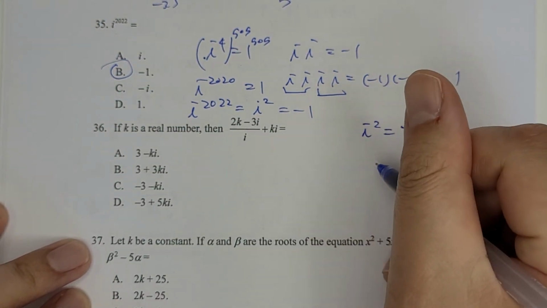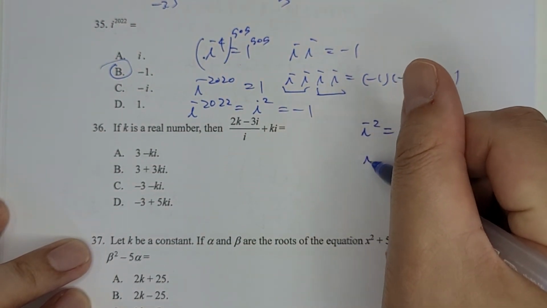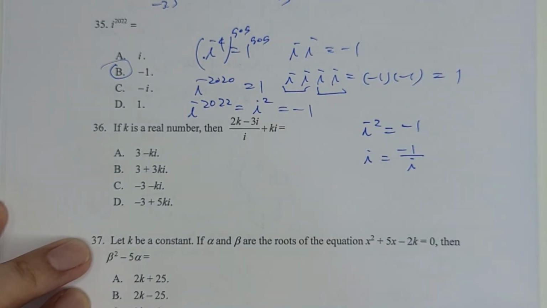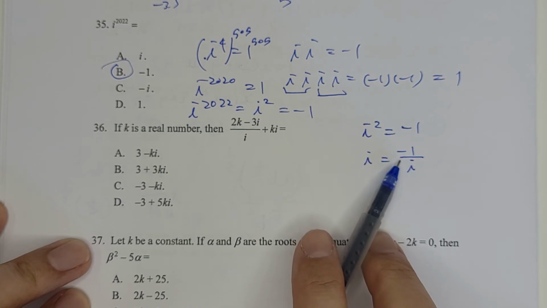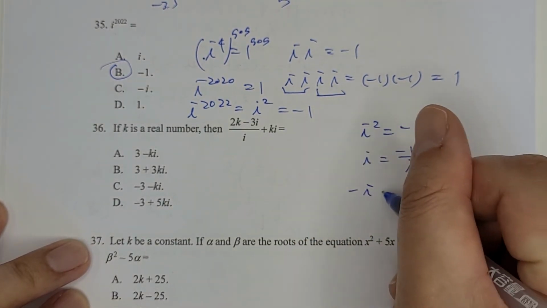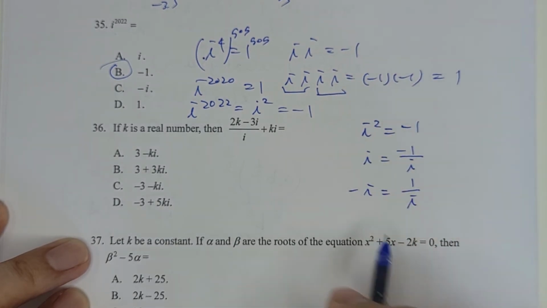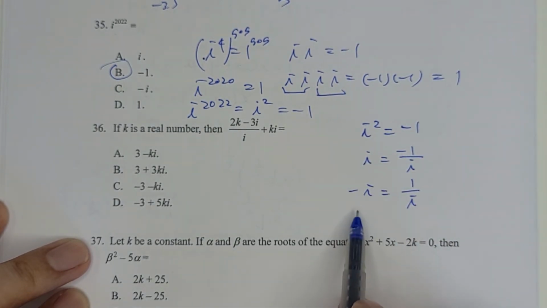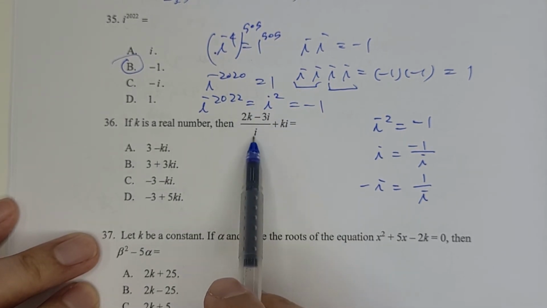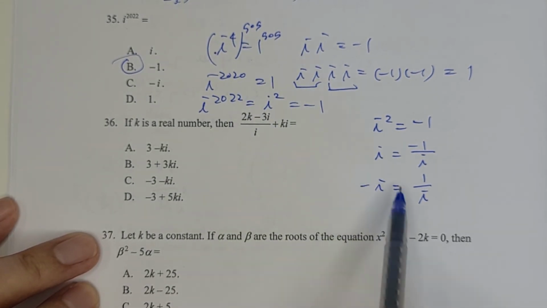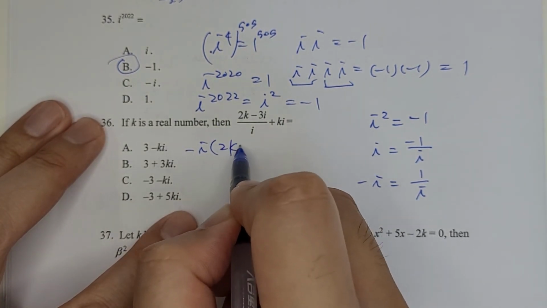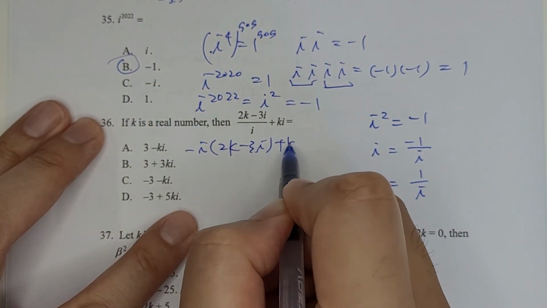So if we divide by i on the other side, 1 over i can be written as negative i. What does that mean? That means if some expression is divided by i, it is just the same as multiplying with negative i. So negative i bracket 2k minus 3i plus ki.